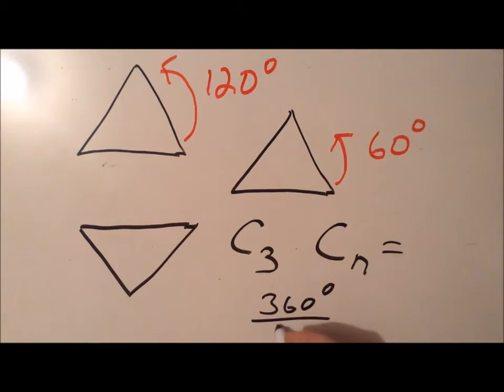So in the case where n is equal to 3, we have a rotation of 120 degrees. We can say that the equilateral triangle has a C3 symmetry operation. Symmetry operations of a shape are those motions that we do on the shape which make it look exactly the same as it did before.